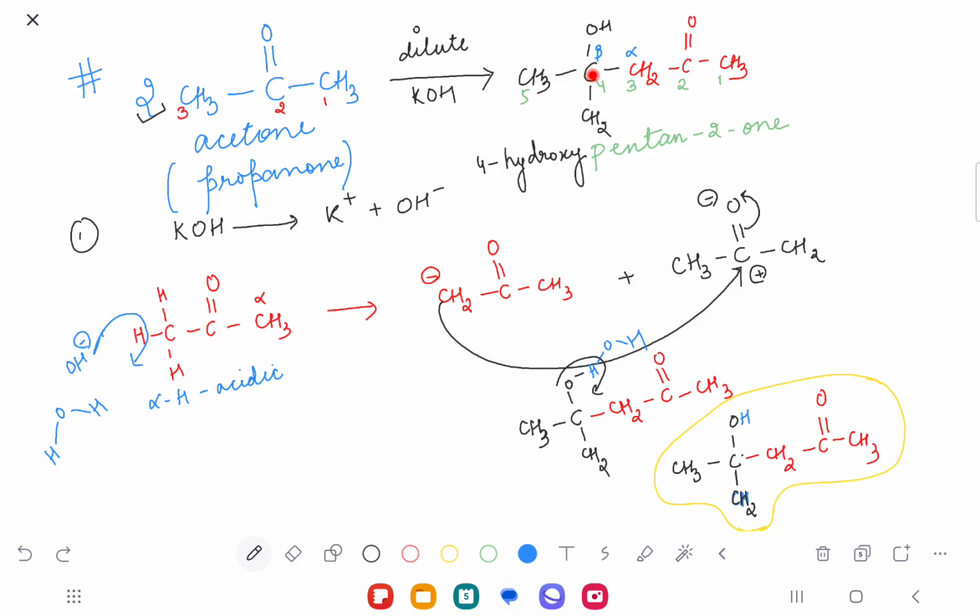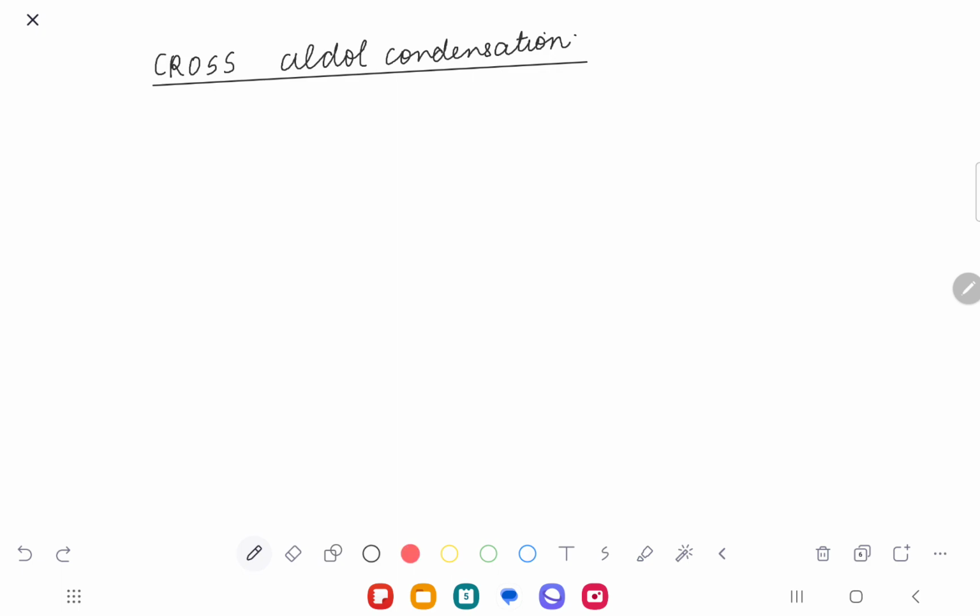Got the point? Now there could be another possibility of a cross aldol condensation. What is cross aldol condensation? In cross aldol condensation, there would be two different molecules, which by itself is also a very long topic.